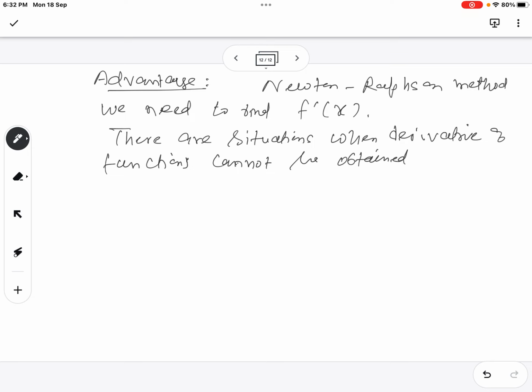So in such situations we can use the secant method.